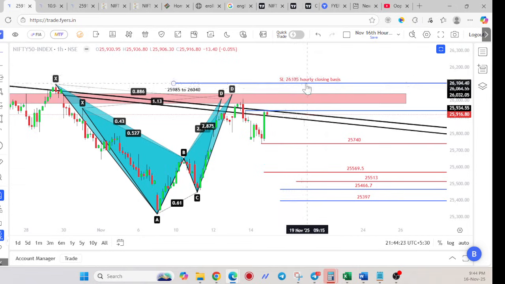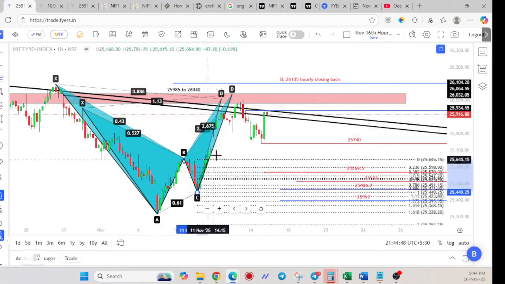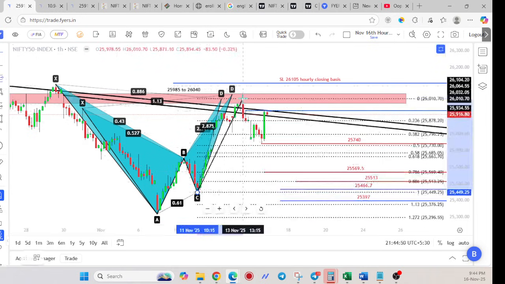Until we close above this, we should not be thinking about an all-time high. We may get selling pressure again from this area. So two things you should know importantly. Now let us look at this 25,740. Why did we reverse from here on the hourly chart? Let us draw a Fibo from this C point to the head position.